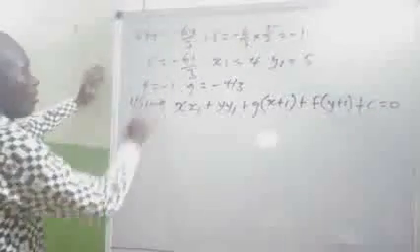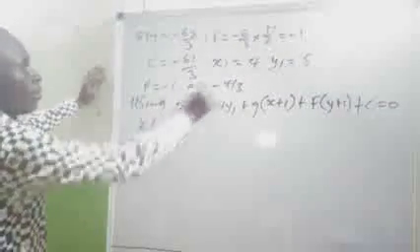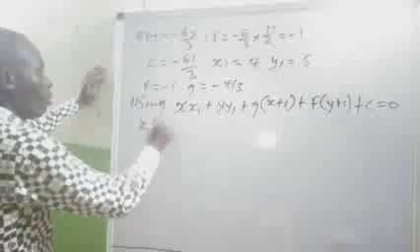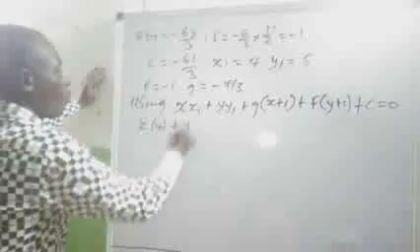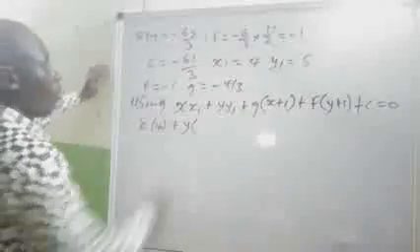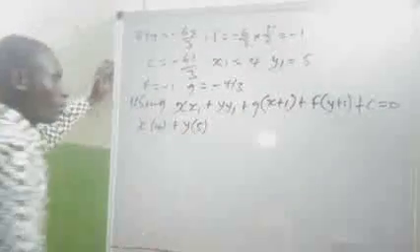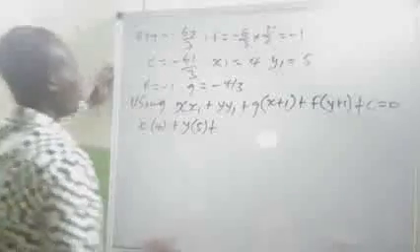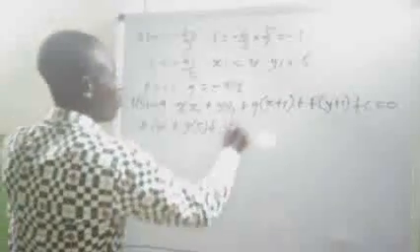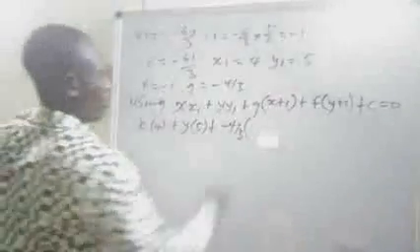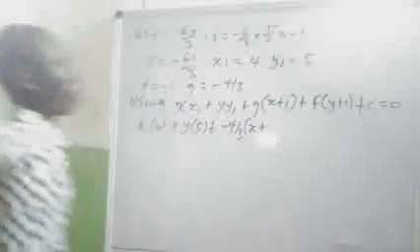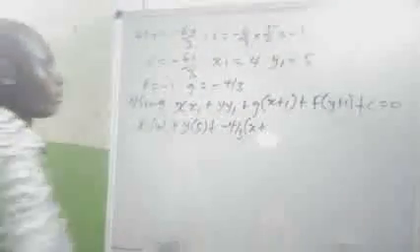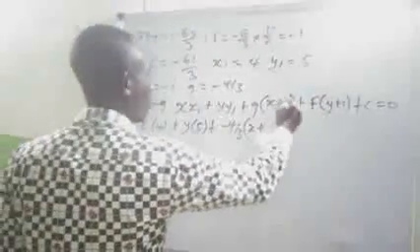This will have x minus x1, x1 is 4, plus y minus y1, y1 is 5, plus g is minus 4 over 3 bracket. Then your x plus, there is x1, y1.